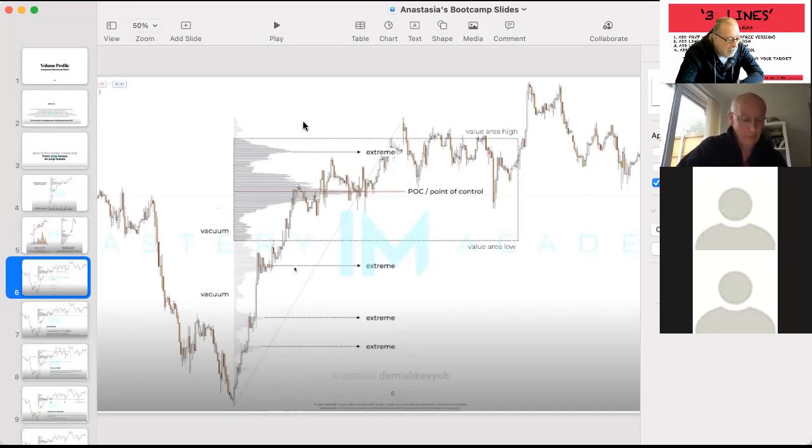Whereas in V70 we use yesterday's trading, we go from the first candle to the last candle, and yesterday's activity becomes our target for today.